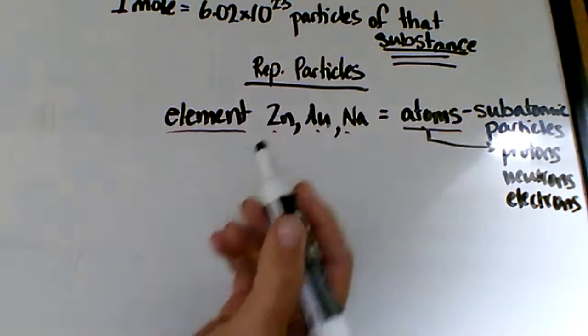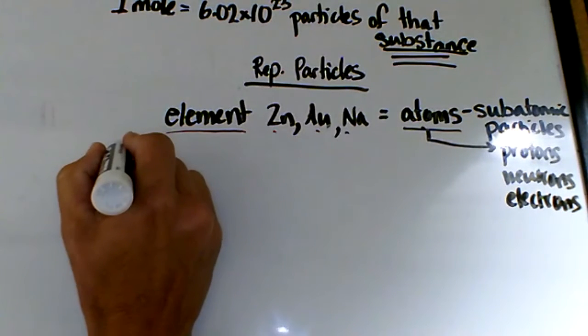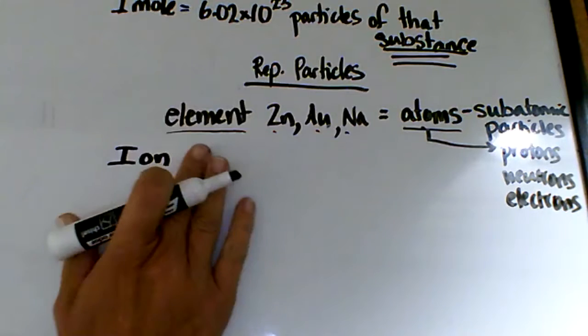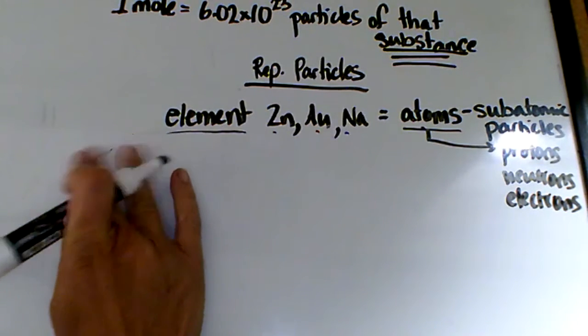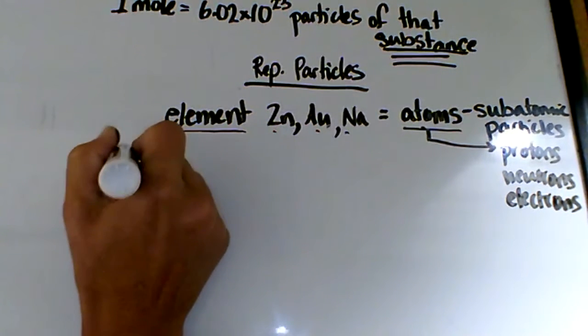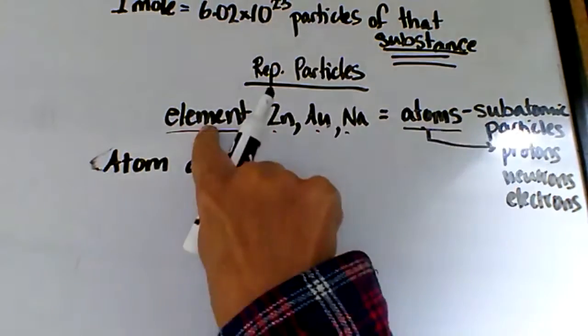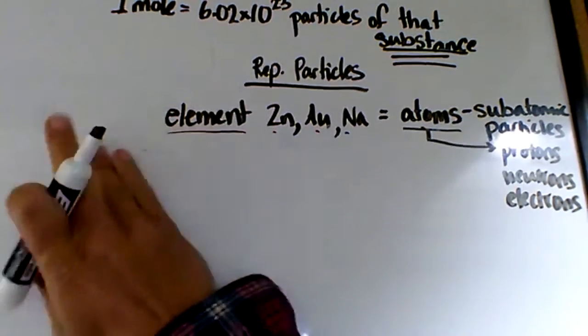Well, what if it's not an element? Well, no, let's go like this. Maybe it's an atom of an element. Atom. Well, that's right there. Atom of an element. That's right there.